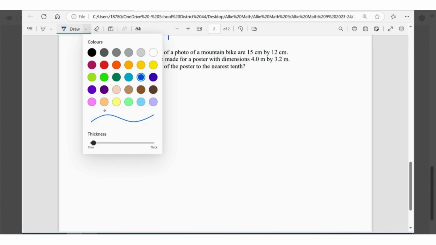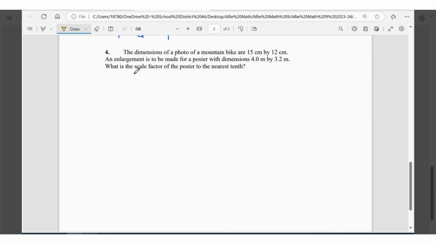This last one, it is important for us to point out a few things. This is when we have to read everything carefully. The dimensions of a photo of a mountain bike are 15 centimeters by 12 centimeters. This seems like this is going to be our original. An enlargement is going to be made for a poster with dimensions 0.4 meters by 3.2 meters.